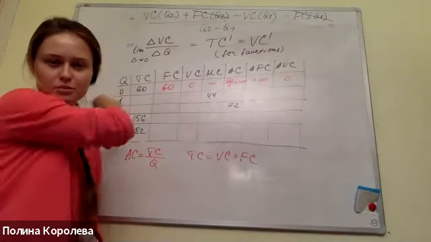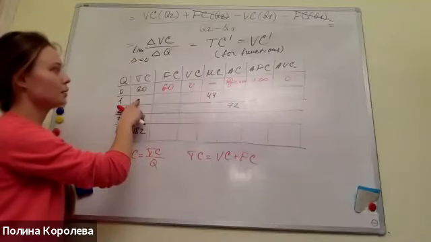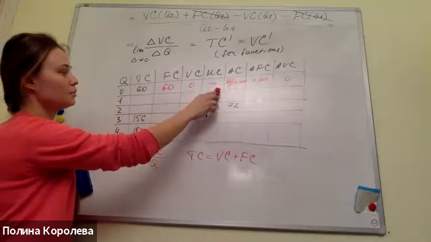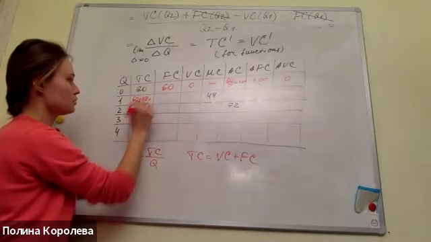Ivan wanted to fill in this second row, I think. Maybe we can find total costs. It's 104. Yes, how we counted it: we add MC to the first total cost. Then 104. FC is also 60.